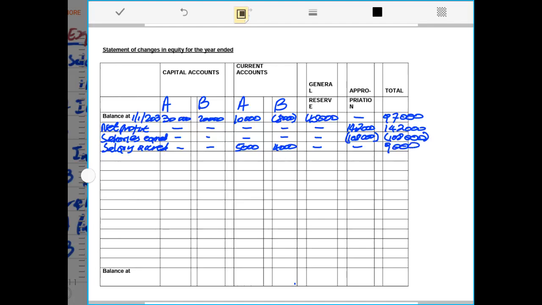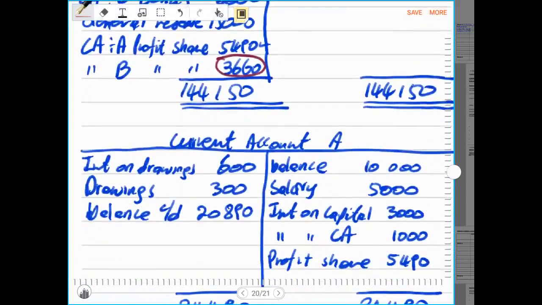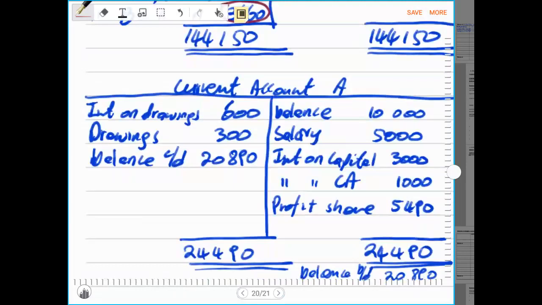If you remember, in the ledger account for the current account, we only recorded what was due to or accrued to the partners. We recorded the salary for partner A as 5,000 rands, and we still stick to that.